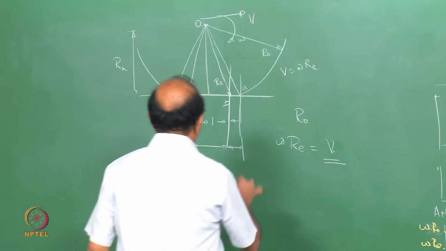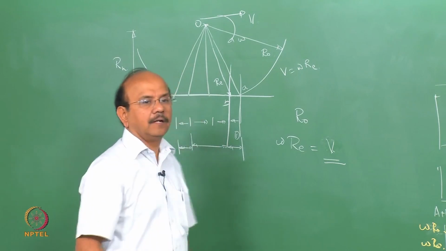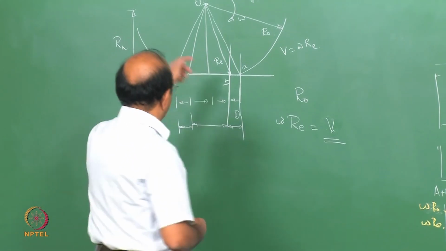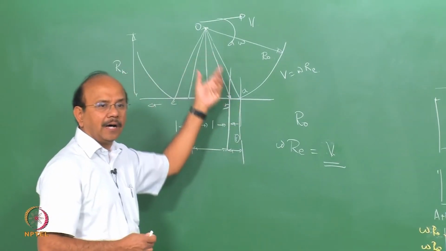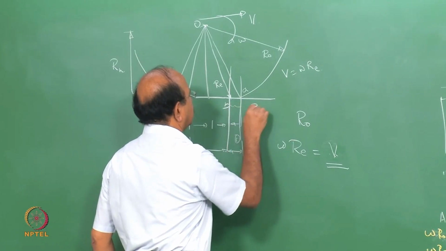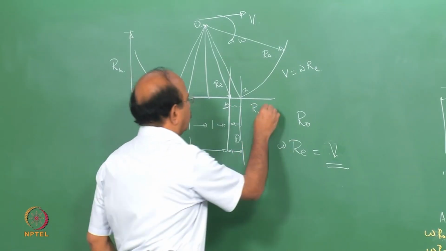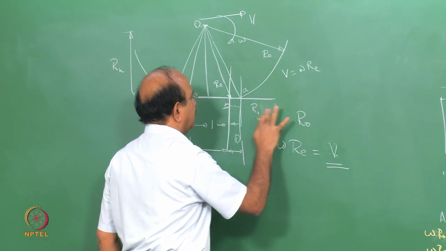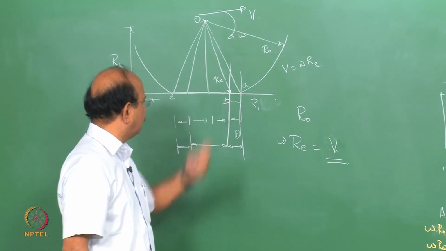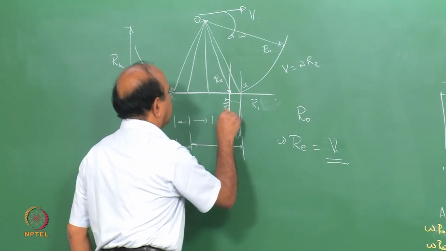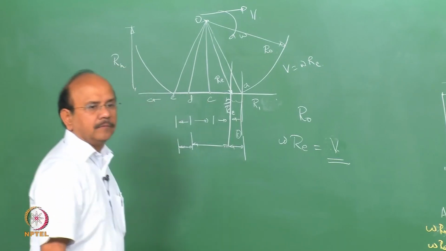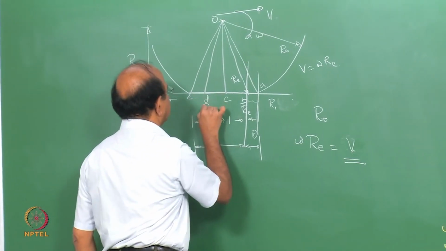So in region 1, since the radius is greater than RE, the velocity calculated as omega into that radius is greater than v. Let's call the radius here R1, which is a function of S, the changing radius as I move from A to B. At B, of course, it is RE; let me call that point C, and this one D, and the radius at D is again RE.